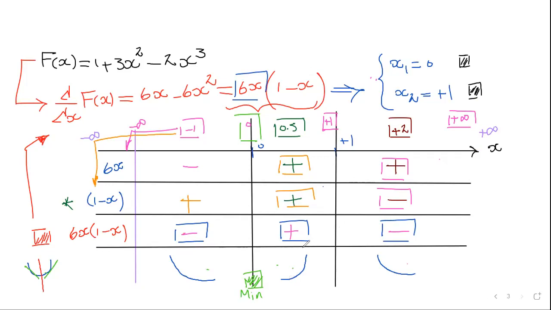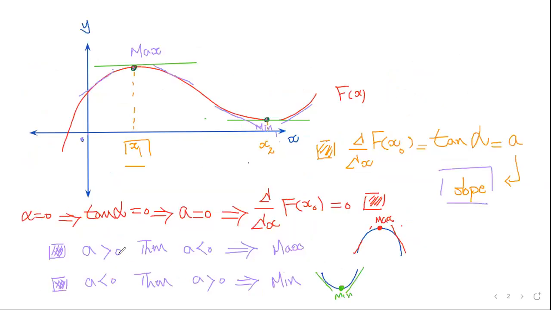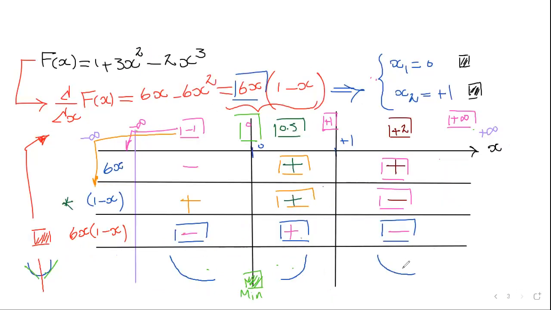Now look at this one. Between the interval from minus infinity to 0, you got 0 as a minimum point. From 0 all the way to plus infinity, the slope is positive, suddenly becomes negative, which means that this point represents a maximum point.